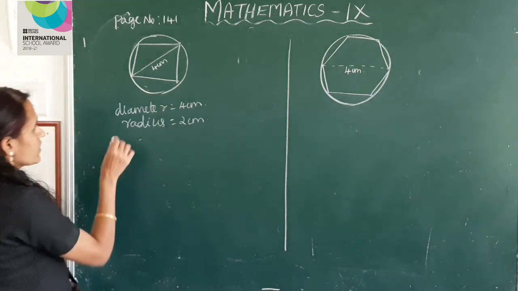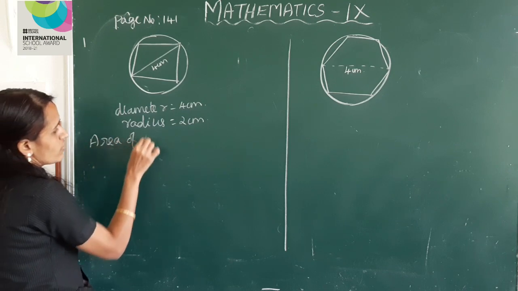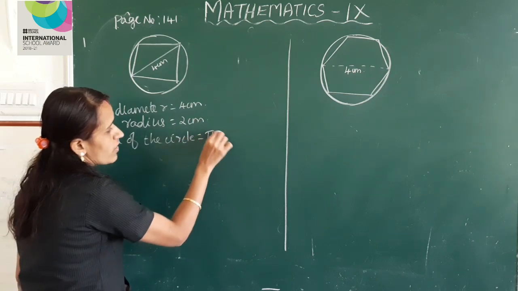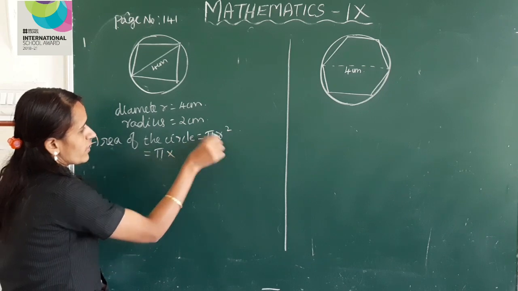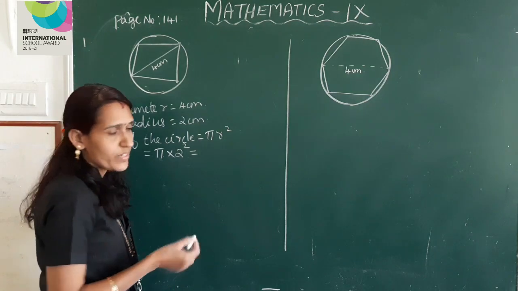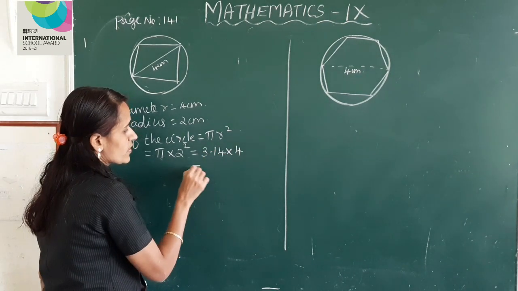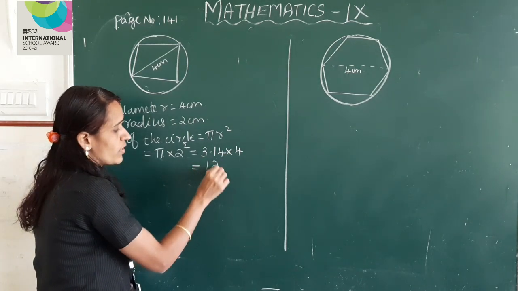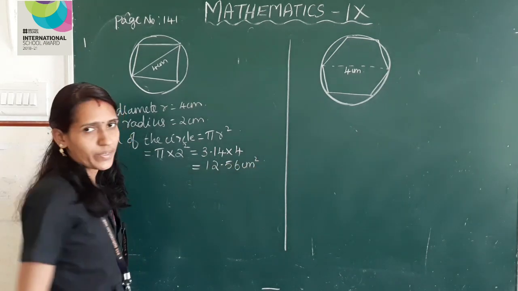Next, the area of the circle is equal to pi r square. This is equal to pi into, here r is 2, square. Here pi approximate value is 3.14 into 4. This is equal to 3.14 into 4, 12.56 centimeter square.